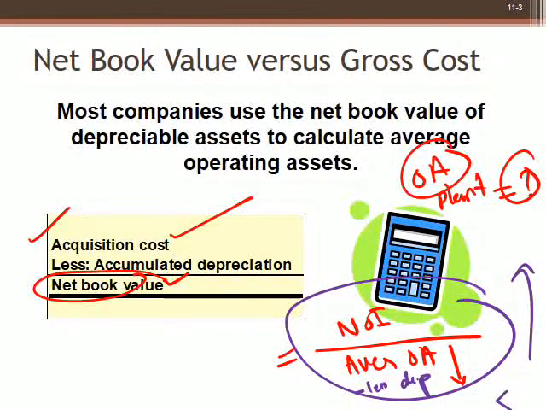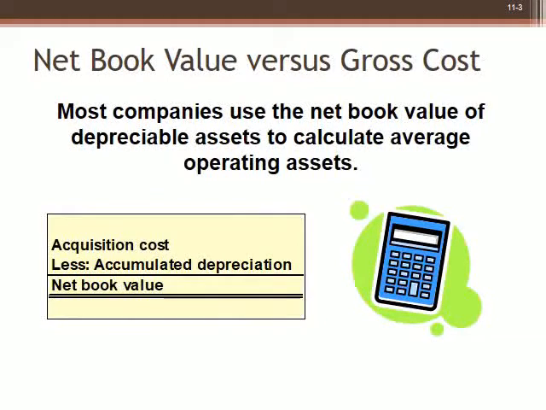The formula is net operating income divided by average operating assets.